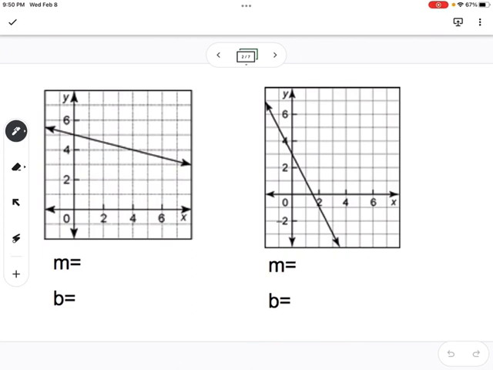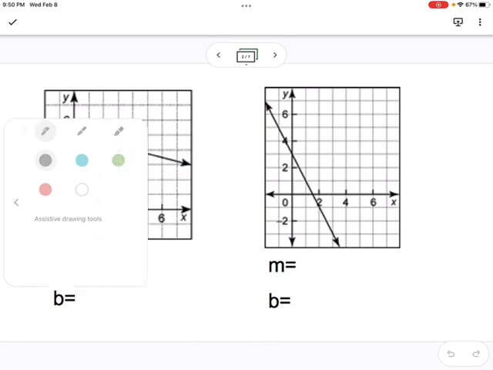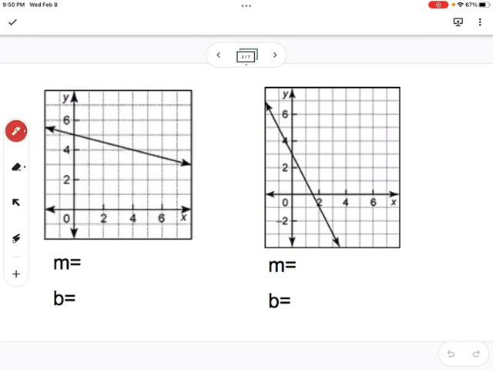These first examples show graphs of lines. We want to determine what our m is, so what our slope is, and what our y-intercept is. So the first one, we can see that it crosses at this point right here, which is a positive 5.